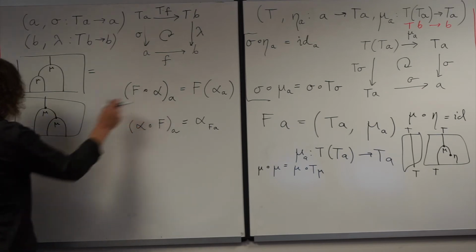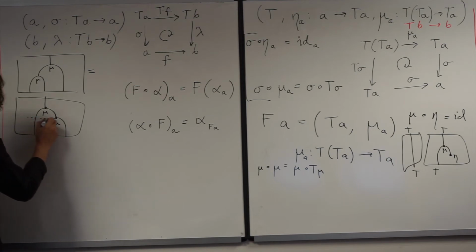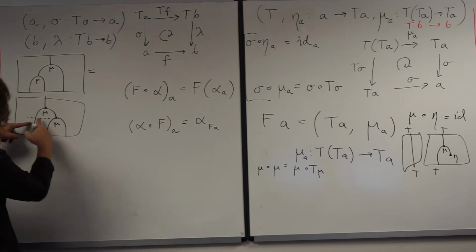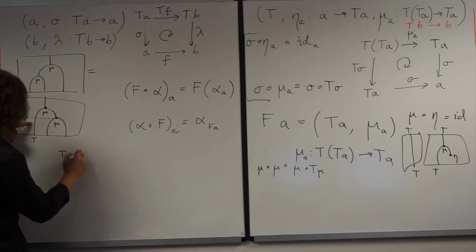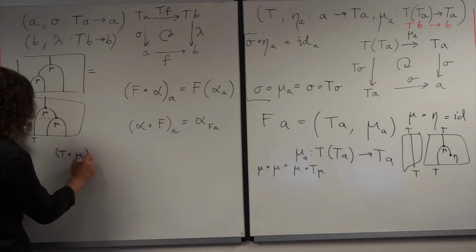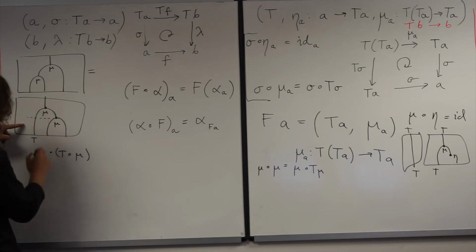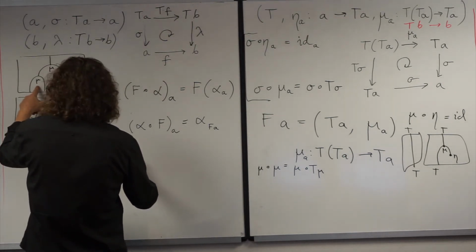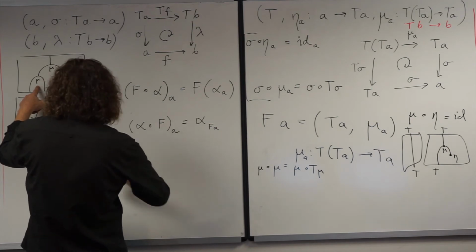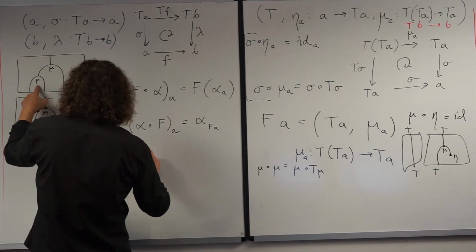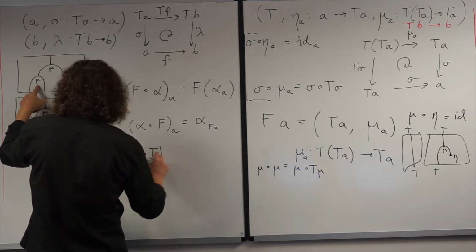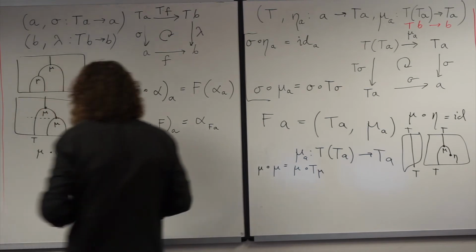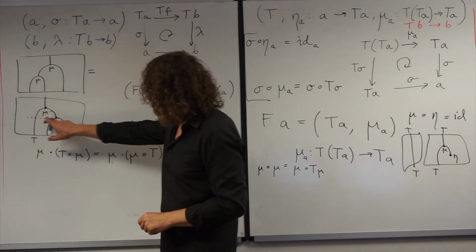Now, this is why we needed this, because it tells you that the horizontal composition of T after mu, composed with mu, equals mu composed with T, in this order, vertically composed with mu. You remember this? This is horizontal composition along this line.